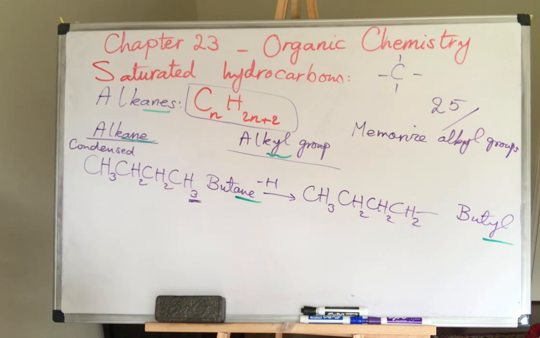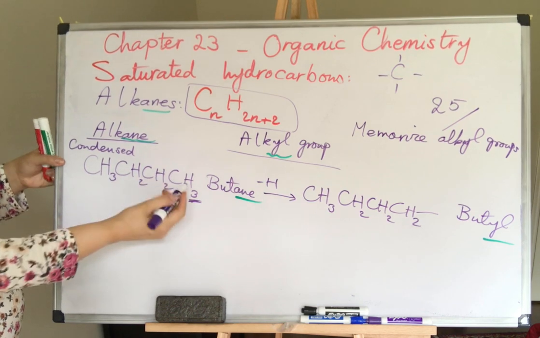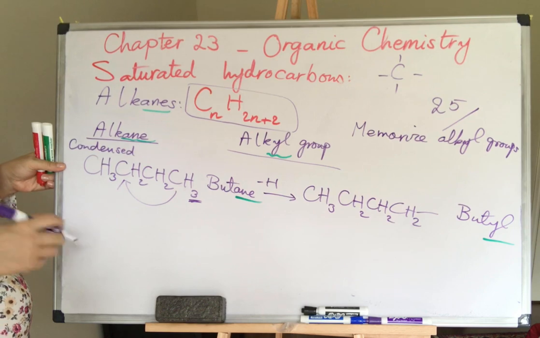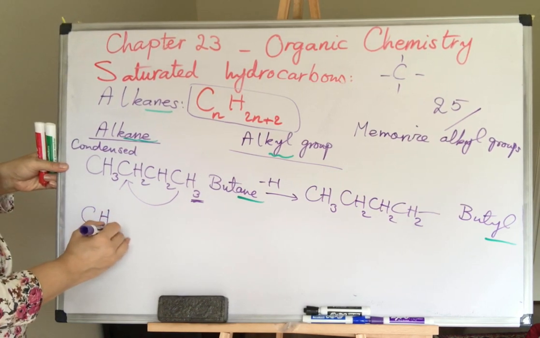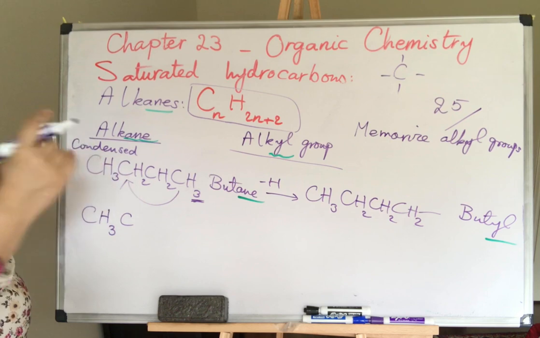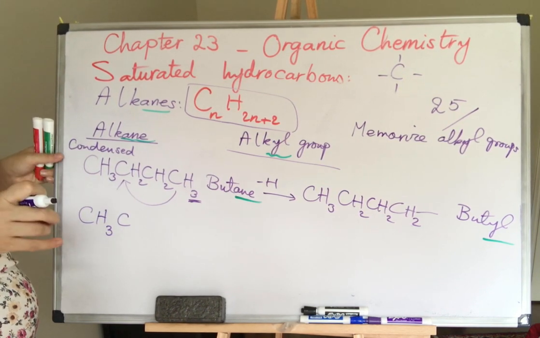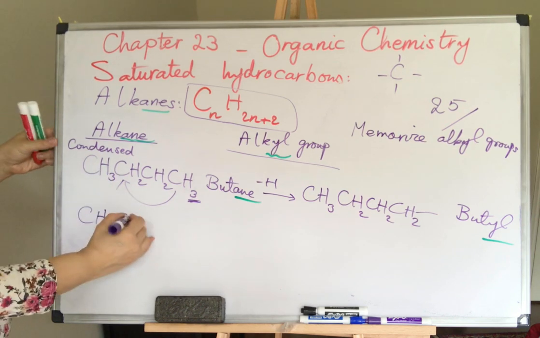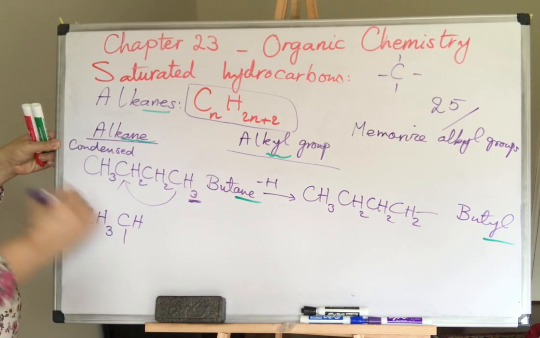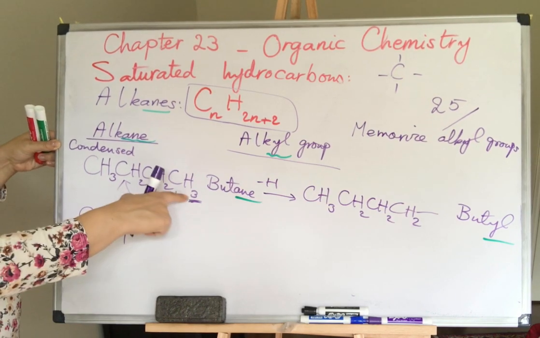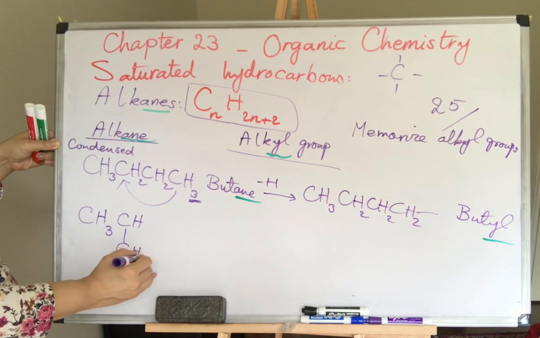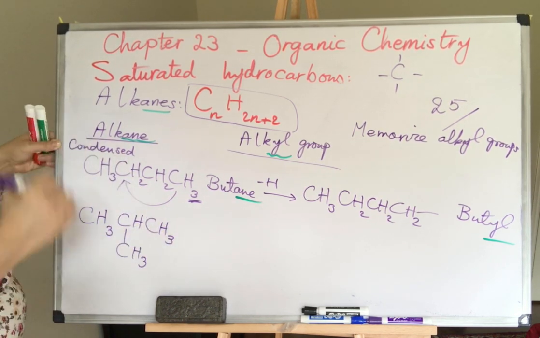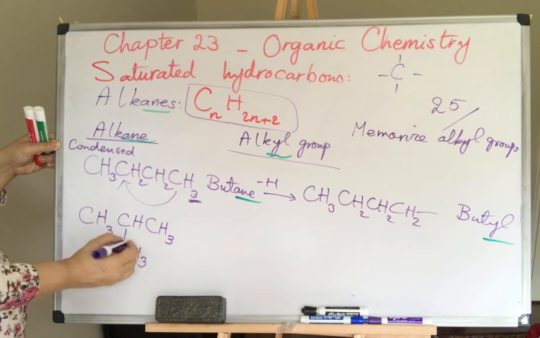Now, if you move this carbon to the second one, CH3, you remove one of the hydrogens. Don't forget, I'm repeating so many times, I make you tired, but I want you to learn that the carbon must have 4 bonds. So you take one hydrogen out, instead you put this CH3, and this carbon, you cannot leave it as CH3, so it becomes CH. So what is the difference?